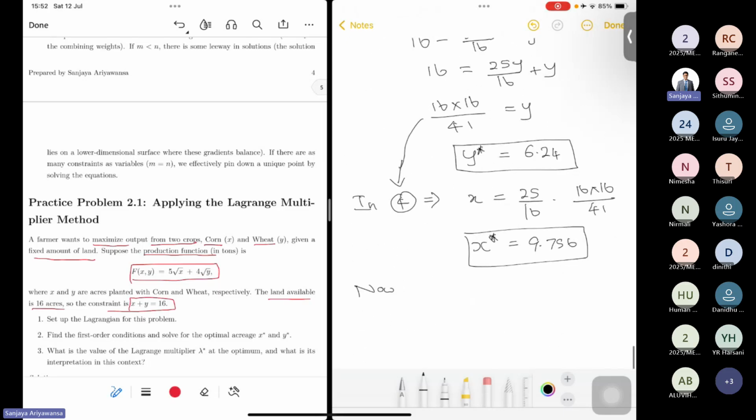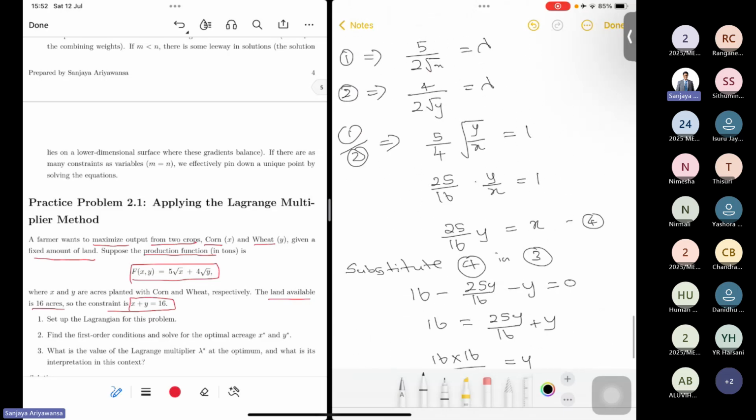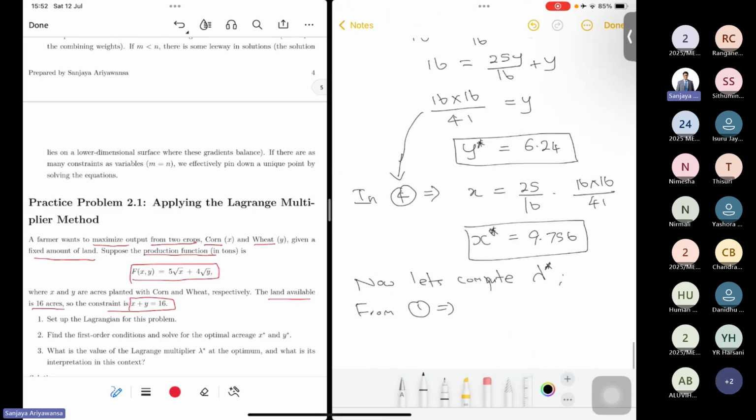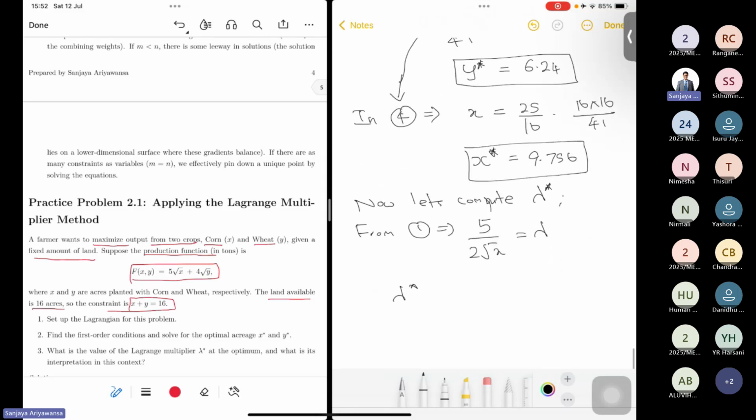Now let's compute lambda star. From your equation 1, you get 5 over root 2x equals lambda. So lambda star is 5 over 2 times root x.